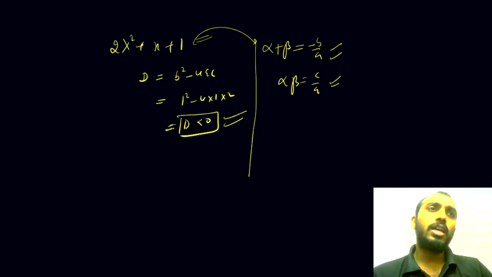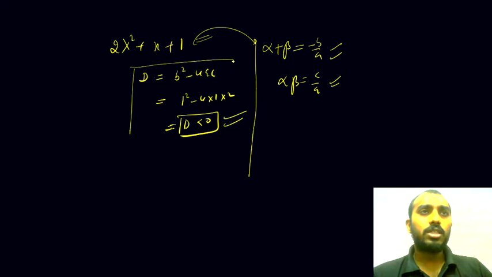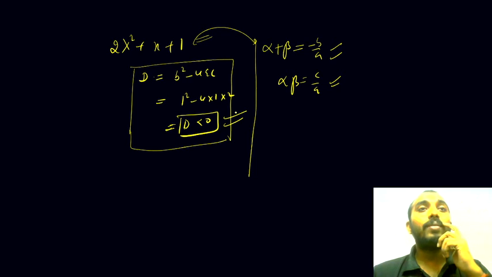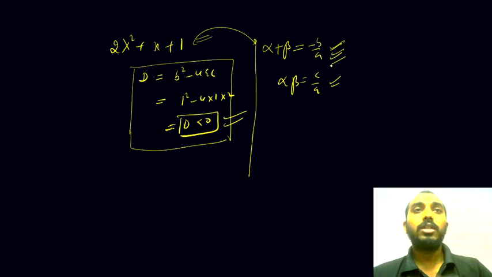By using this method you can simply find the sum of roots and product of roots. When the roots are not real, that is, d is less than 0, it is very difficult to find the sum and product of roots otherwise. So I will suggest you use this formula.